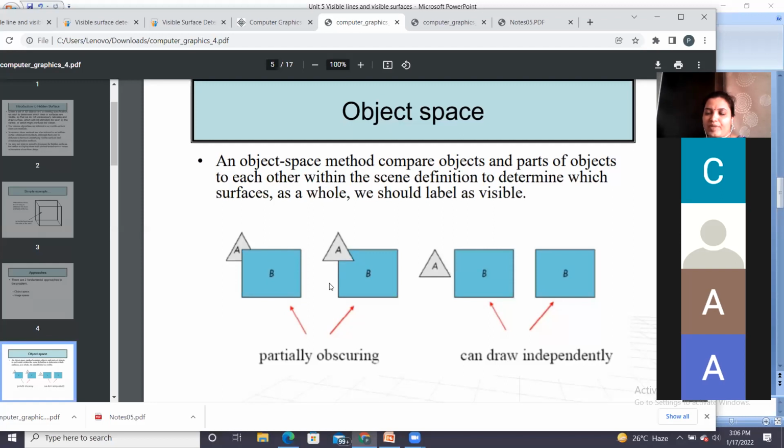So the first algorithm that we are going to study is under this object space method. In the object space method, we are checking the portion or line by line of the object, and for partially overlapping objects, we are applying the algorithm, and the name of the algorithm is backface removal.